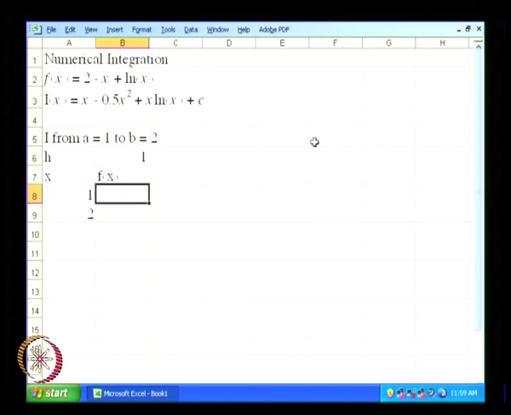f of x is going to be nothing but equal to 2 minus x plus ln of x. Okay, that is our f of x. Okay, I will call this trapezoidal rule.